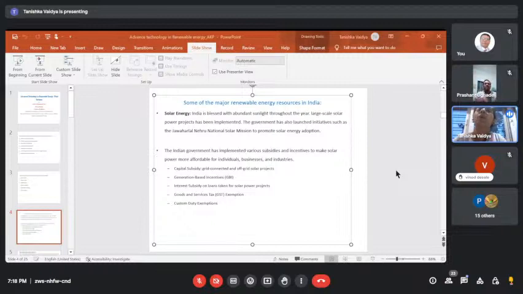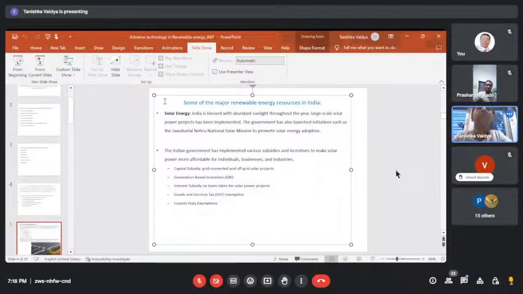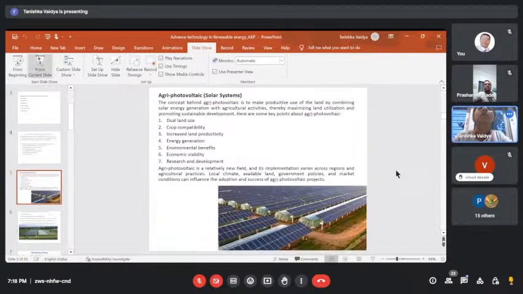Nowadays, in photovoltaic solar systems, research is going on in agri photovoltaic solar systems. In the picture we can see how the advanced control is there, like in the farms.